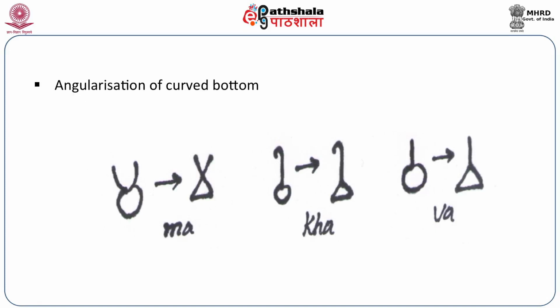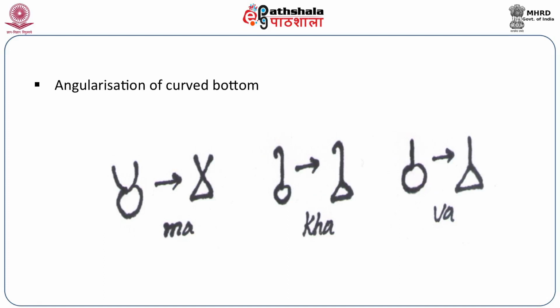And another very significant aspect is the angularization of curved bottoms. Earlier you have seen almost all the Mauryan Brahmi characters are of a cursive nature, and predominantly you see in the later phase they become angularized. The letter Ma, here the lower limb is of cursive nature, and subsequently you find letter Ma with angularity.